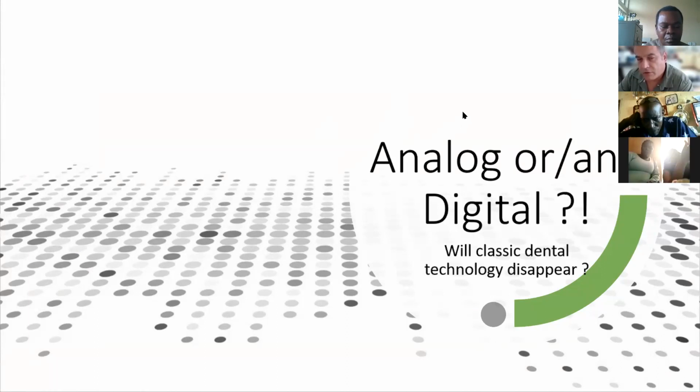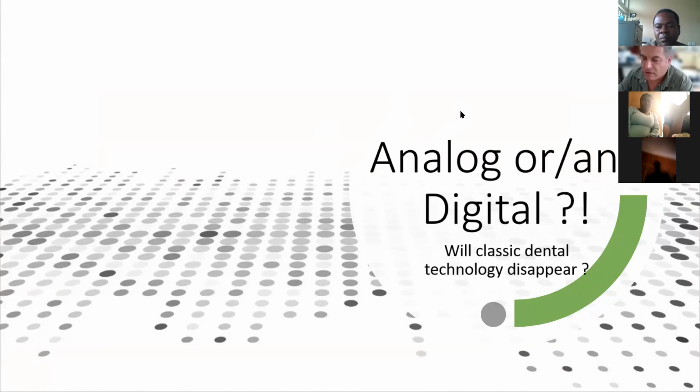I will not go into detail on any special scanning systems or milling machines or materials, because we have only limited time. But we will have 2 more presentations. We will go into that. Okay, let's start then.